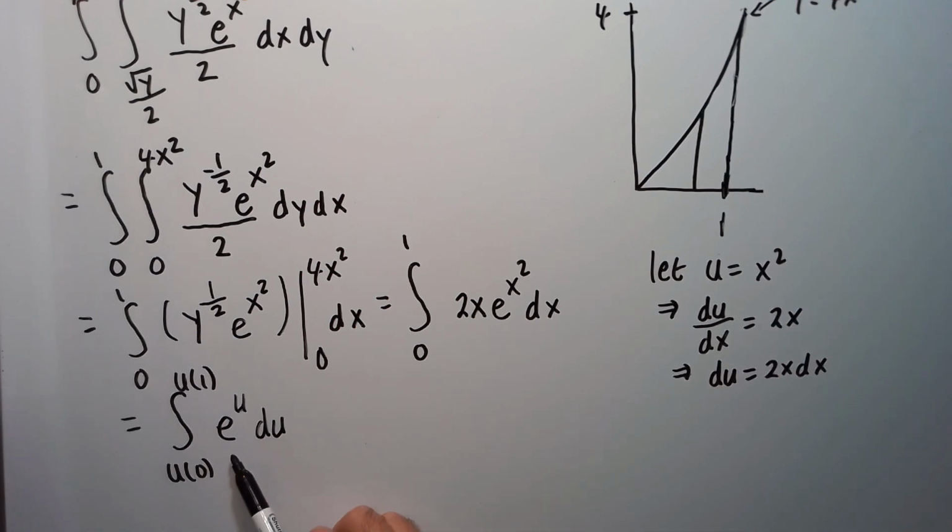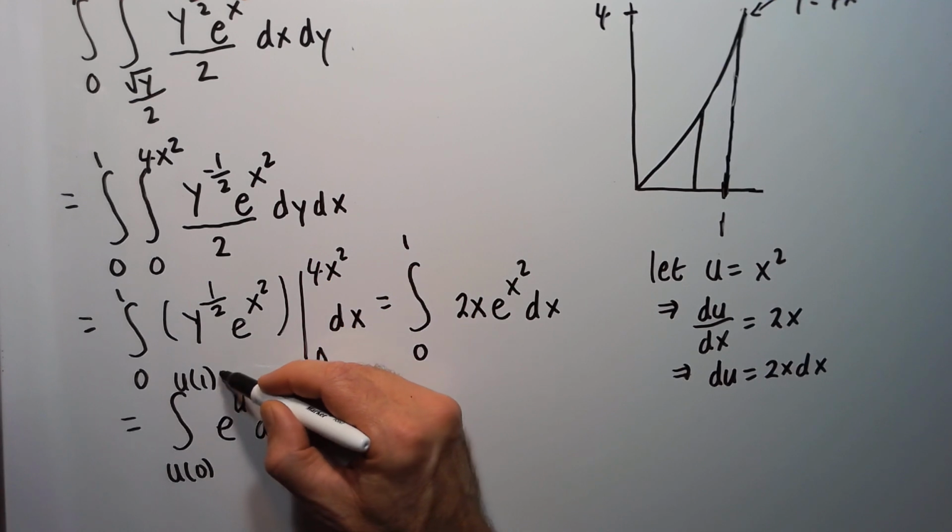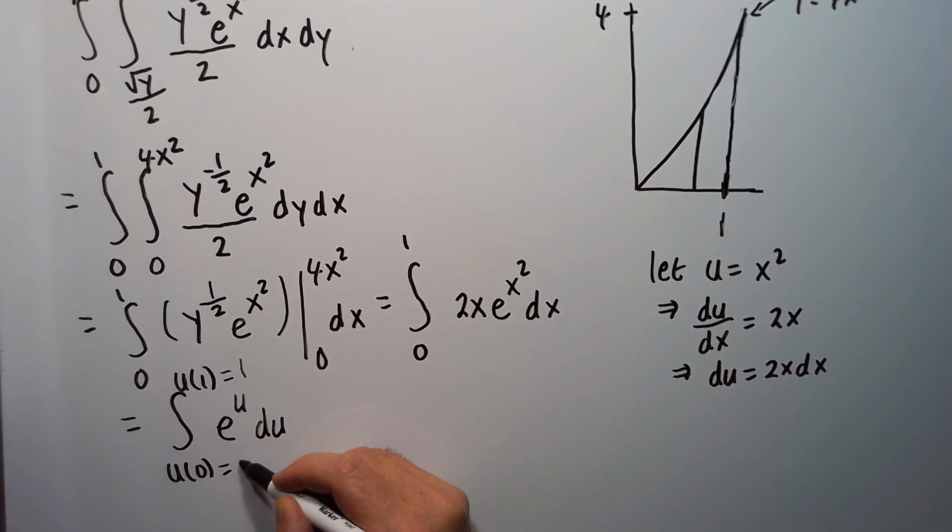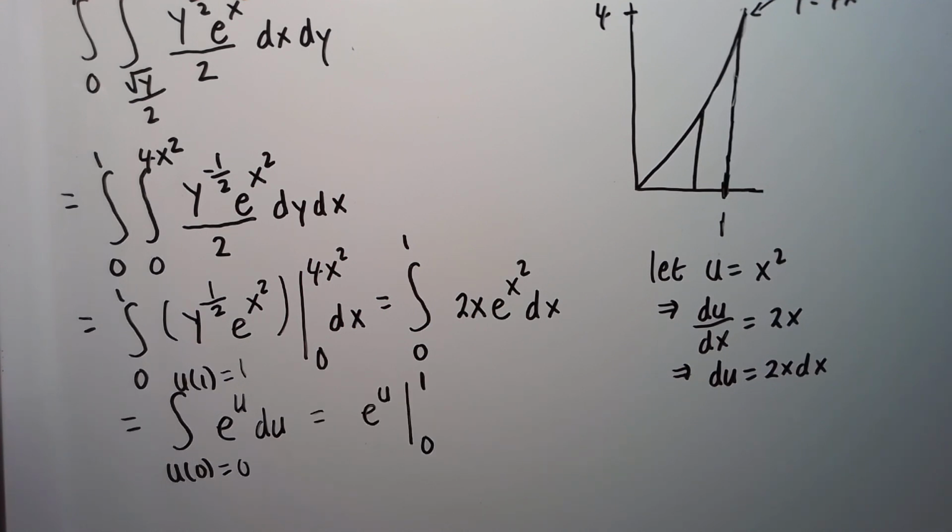And the integral of e to the u is just e to the u, evaluated at 1 and at 0. So doing that, we get e to the 1 minus e to the 0, but e to the 0 is 1. So our final answer will just be e minus 1.